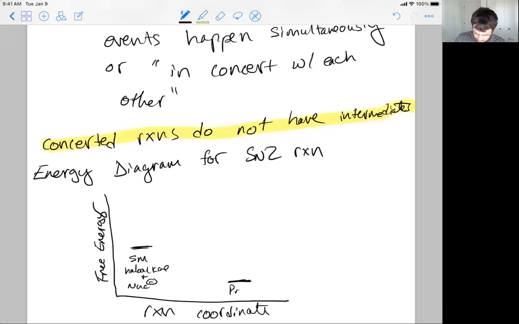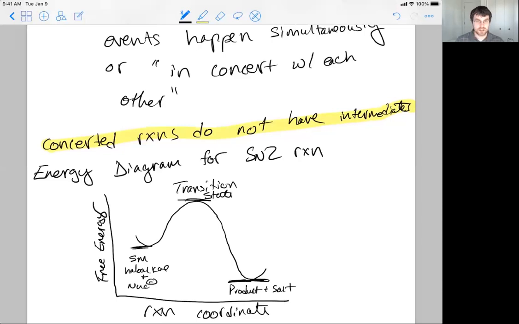So this is going to be the product plus our salt byproduct. To get from the starting material to the product, we have to proceed through a transition state, and that will get us down to the product. Right here, atop the hill, is our transition state. This is the entirety of the energy diagram. There are no intermediates, so there's only one transition state.